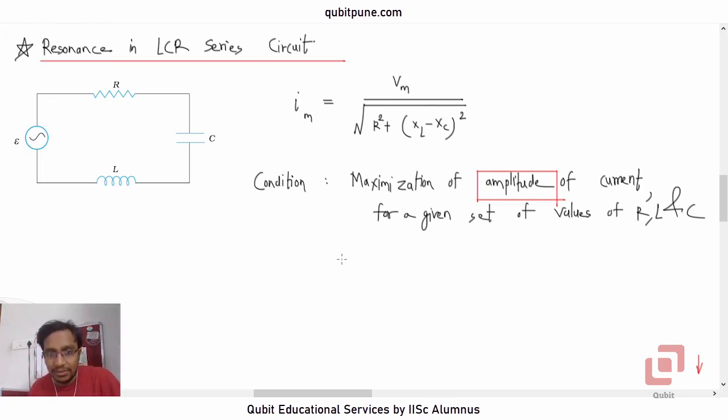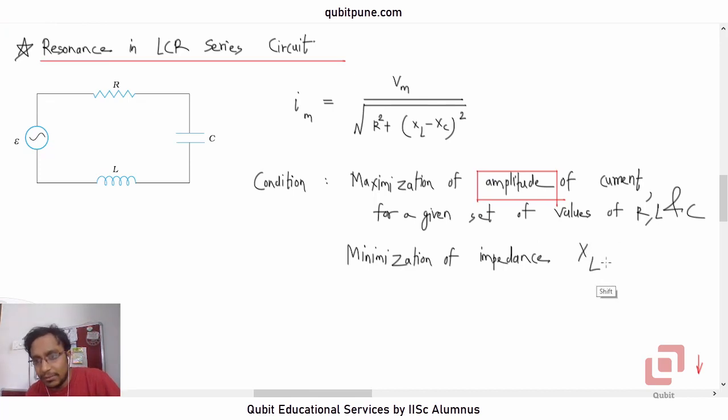Okay, and what is the condition? So to maximize it, we must minimize impedance. Now minimizing impedance means, well, we are not allowed to change R, so XL must be equal to XC, so omega L must be equal to 1 upon omega C. So that gives me omega as 1 upon root LC.